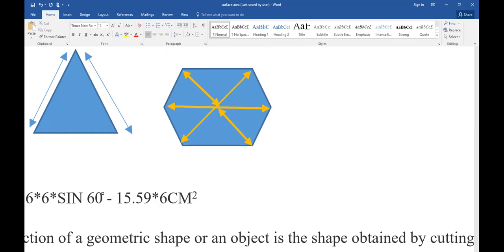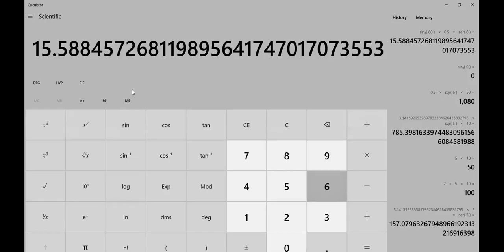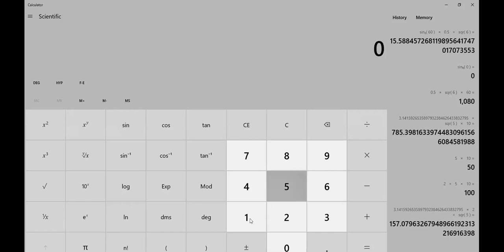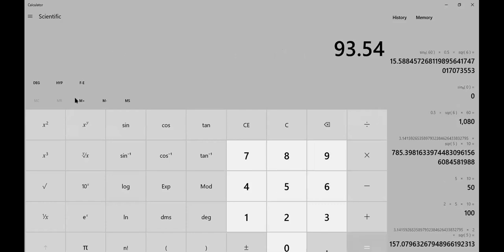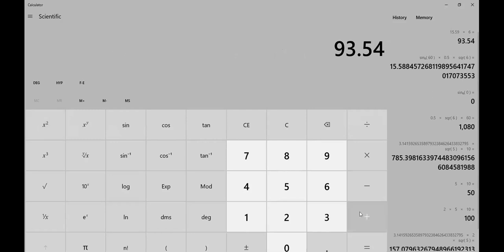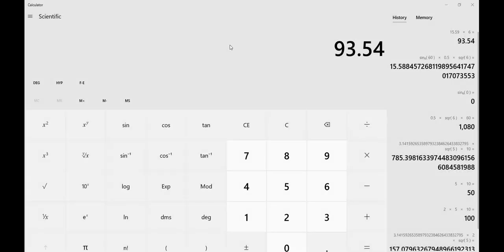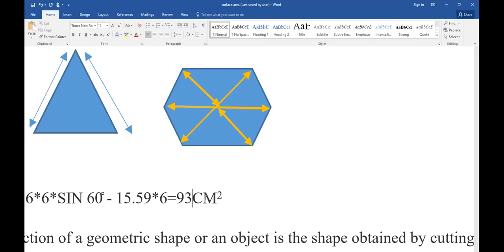I'll bring it to the calculator. 15.59 multiplied by 6, and the answer is 93.54 centimeters squared. That is the area of only this part.